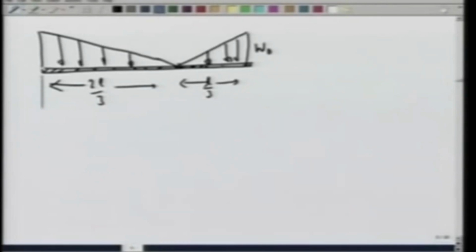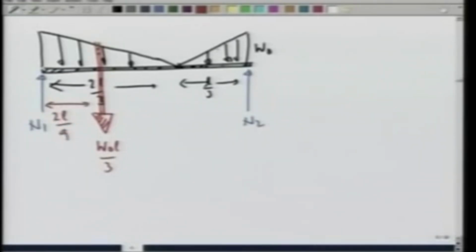Then we said the reactions at these points are going to be N1 and N2, and the two triangles will be replaced by one force acting downwards, which is W naught L by 3 acting at a distance of 2L by 9, and the other force acting here, whose magnitude is W naught L by 6, and it is acting at a distance of 8L by 9.